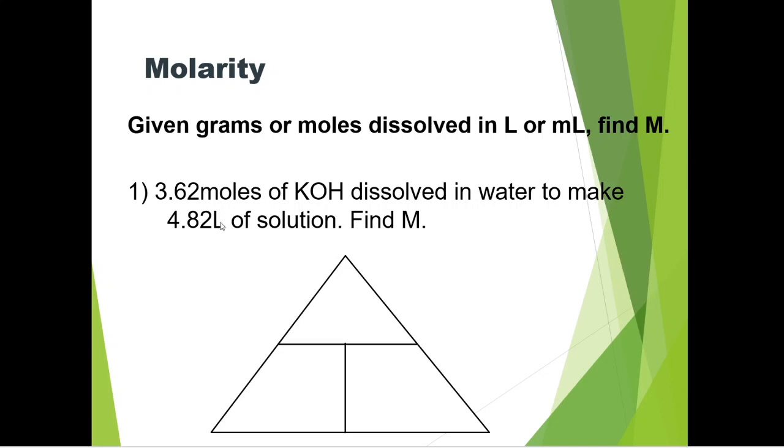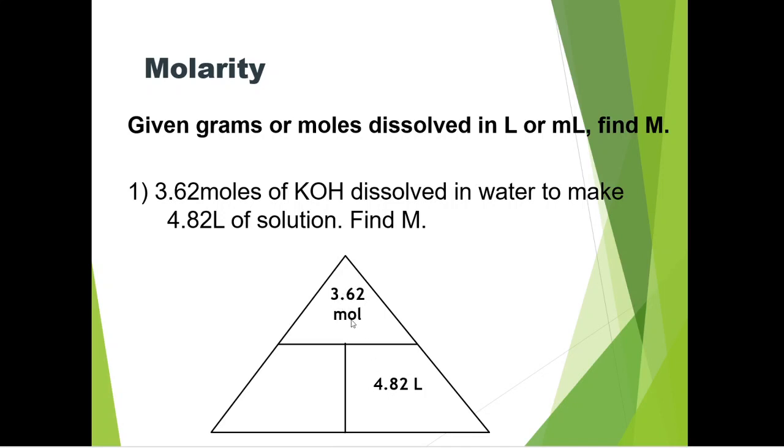Here's our example. If 3.62 moles of potassium oxide dissolved in water to make a 4.82 liter solution, find the molarity. From our triangle, we have 3.62 moles, and the total volume is 4.82. We need to find the molarity.